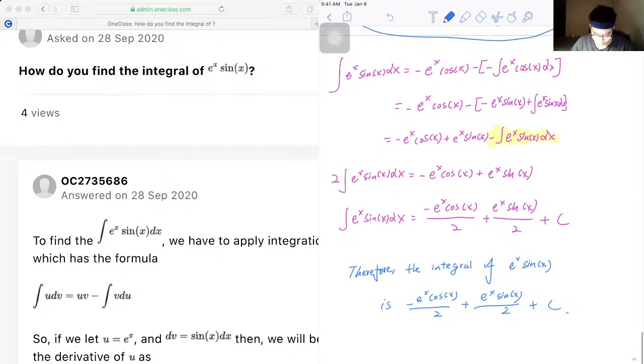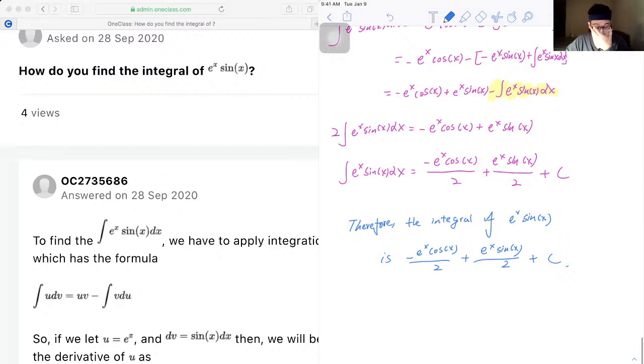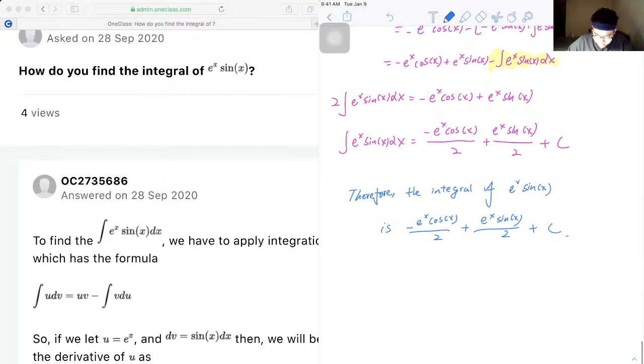So I think that's the answer for this question. Just remember, sometimes you're going to use integration by parts twice in a single question. Oh, and don't forget to add the constant at the end when you're solving an integral.